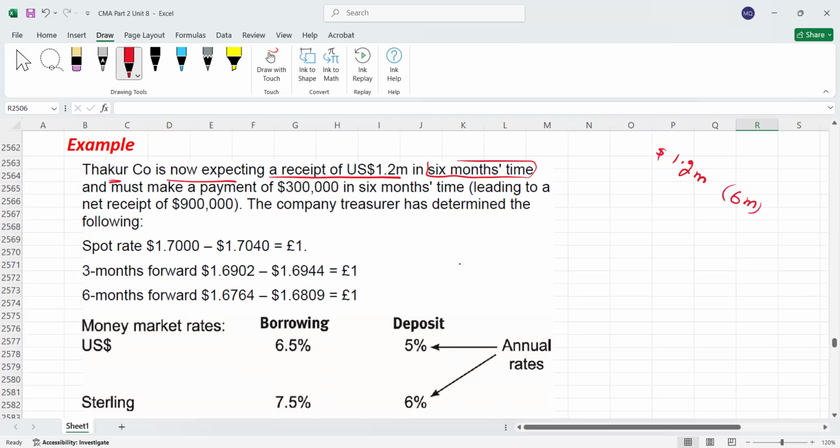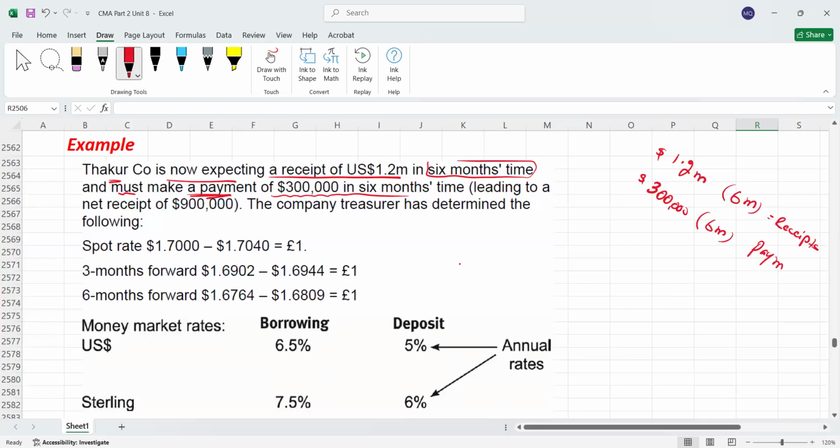Okay, this is receipts. Then guys, it must make a payment of $300,000 in 6 months time. So we got here $300,000. We have to make payment also in 6 months time.